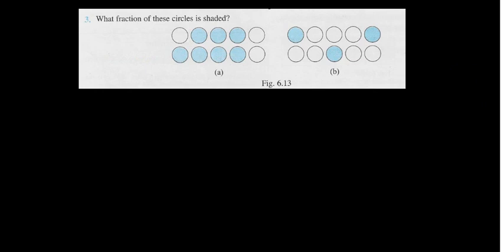Fraction for these circles, for the A part you told me that the fraction was 7 upon 10: 7 for the number of circles that are shaded, 10 for the total number of circles. For the B part you told me the fraction was 3 upon 10, 3 for the shaded circles and 10 for all the circles.